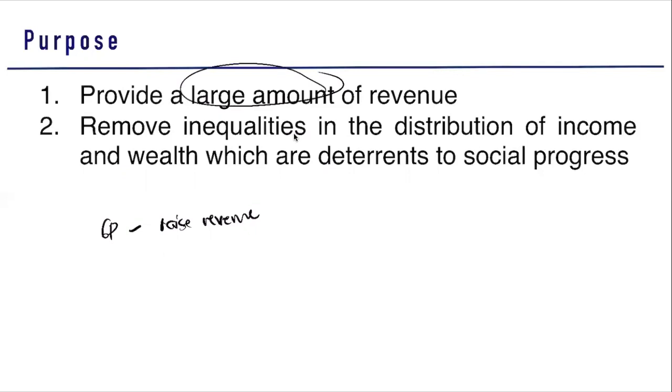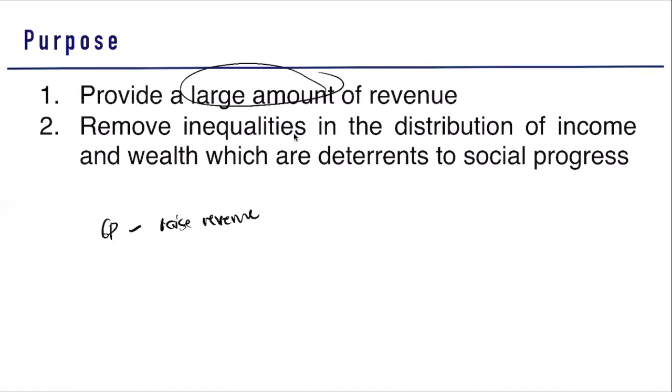Another purpose is it removes the inequalities in the distribution of wealth, which are deterrents to social progress. So why does it remove the inequalities? Because, guys, this is based on the ability to pay. When we say based on ability to pay, we base the tax on whether the income earner has the ability to pay higher or lower.